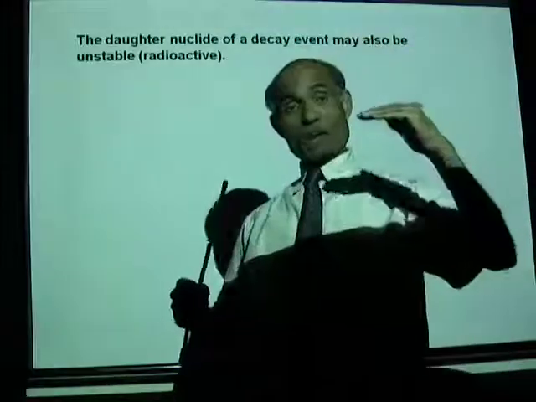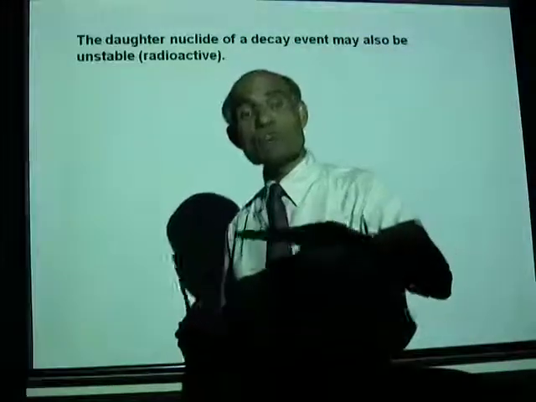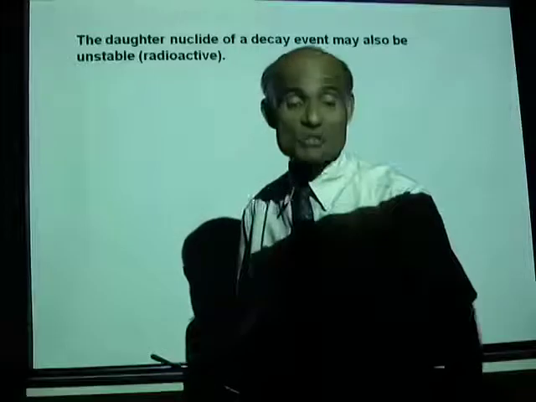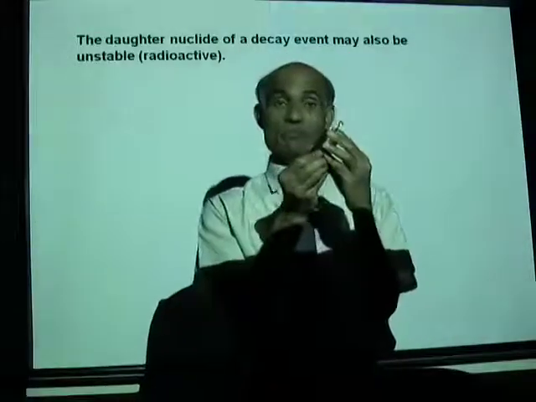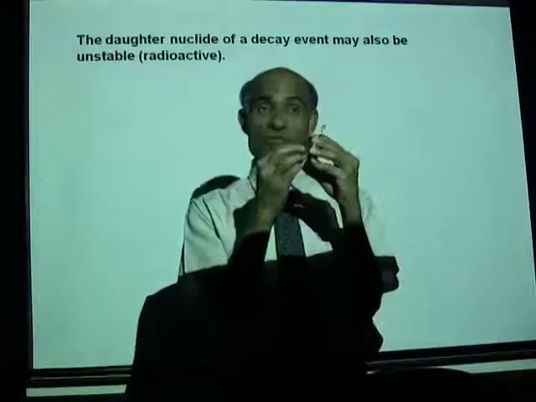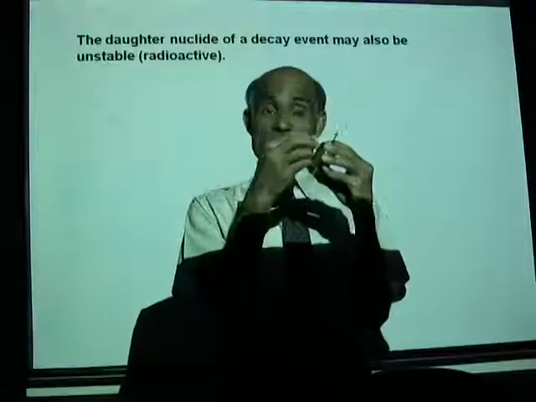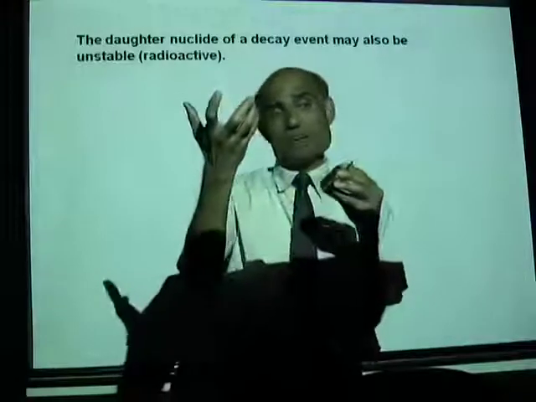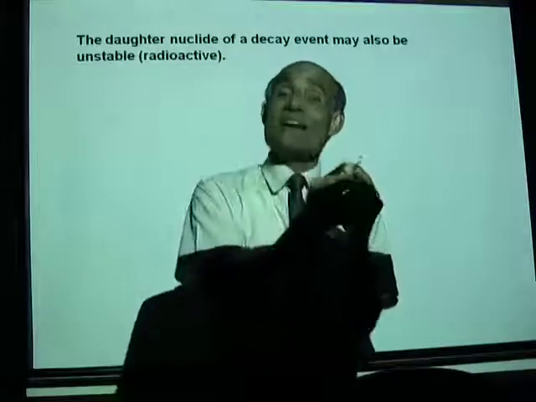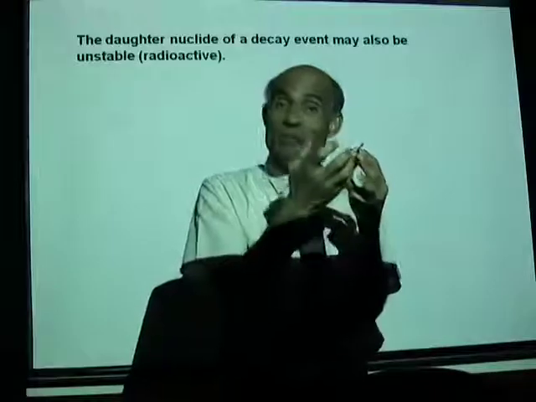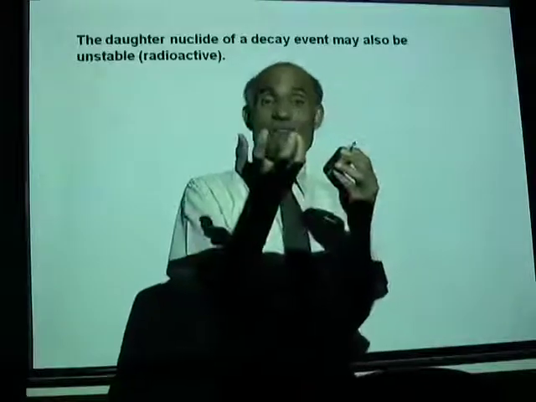Now, this process will continue until a stable nucleus is achieved. For example, if this is radium, this is radioactive, and after it has given out an alpha particle or a beta particle, it becomes another element. That element will also be radioactive.